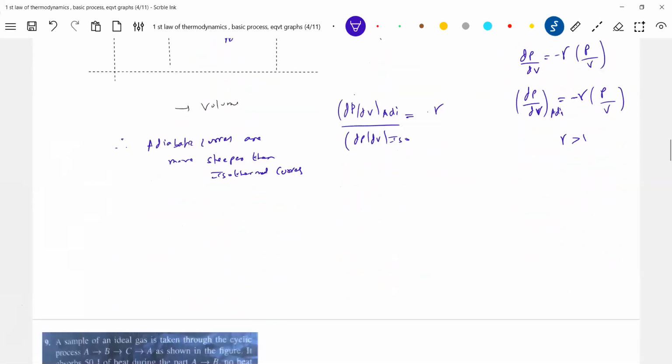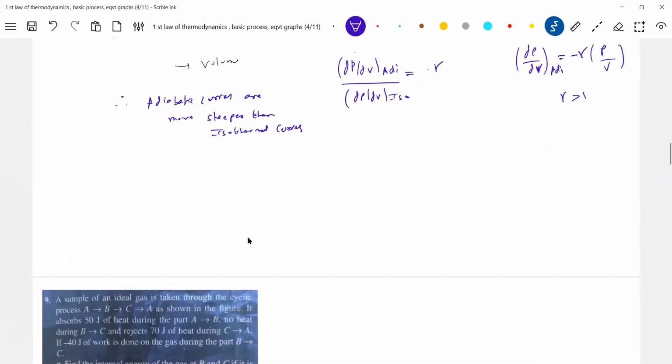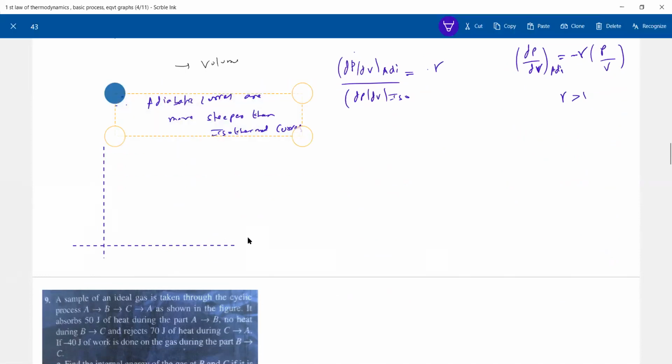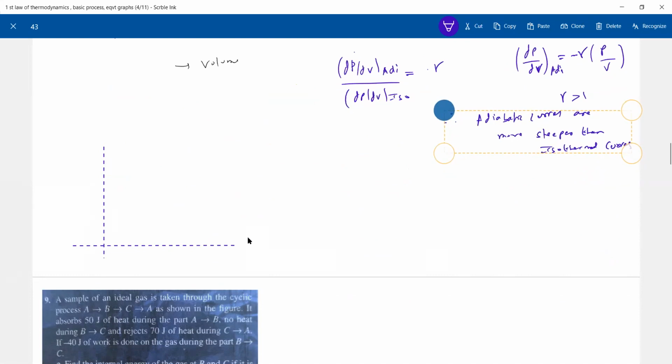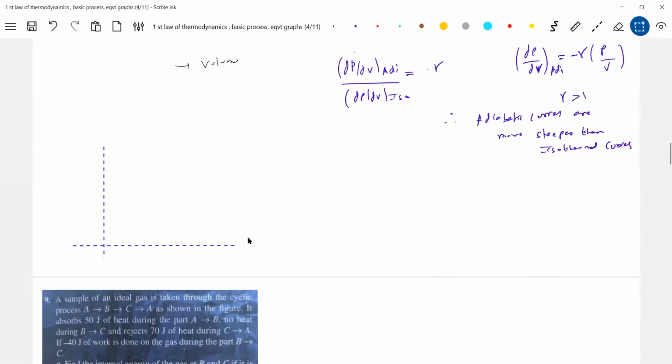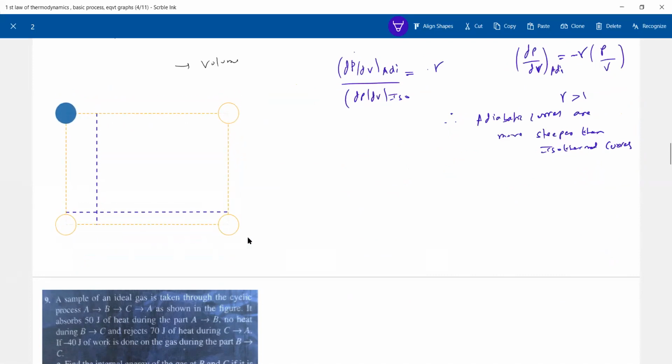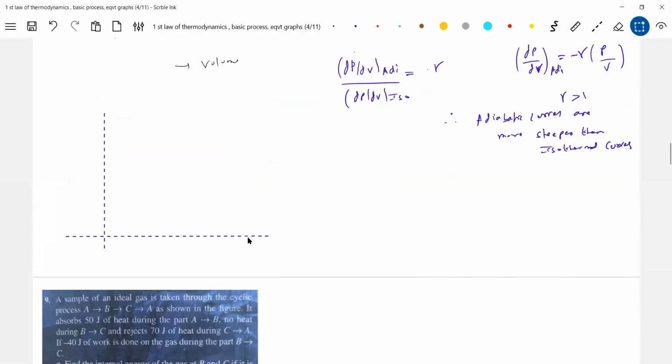Now, for the same adiabatic process, let me compare different types of gases: monatomic, diatomic gases. What conclusion can we make? Okay, three different graphs.